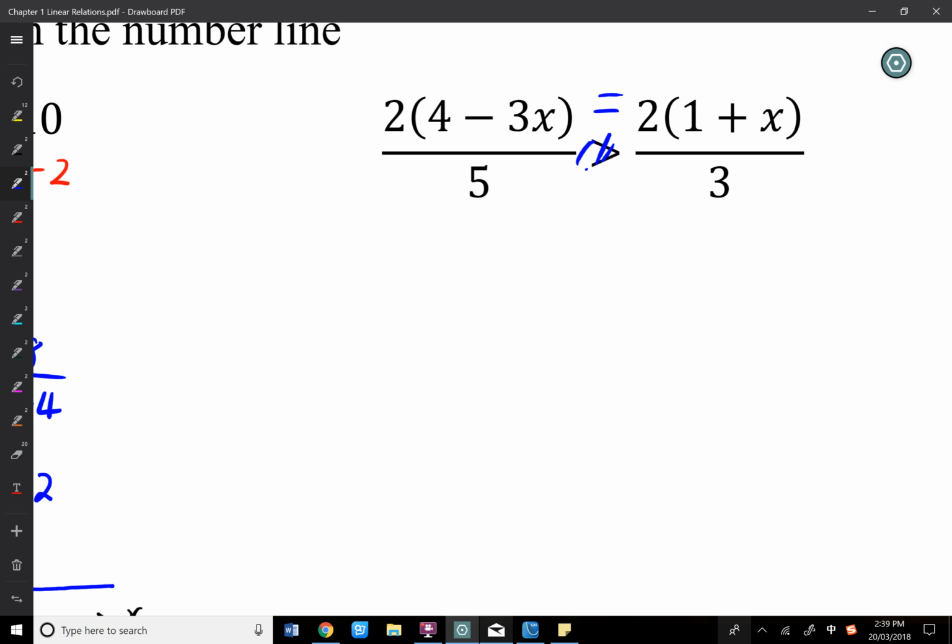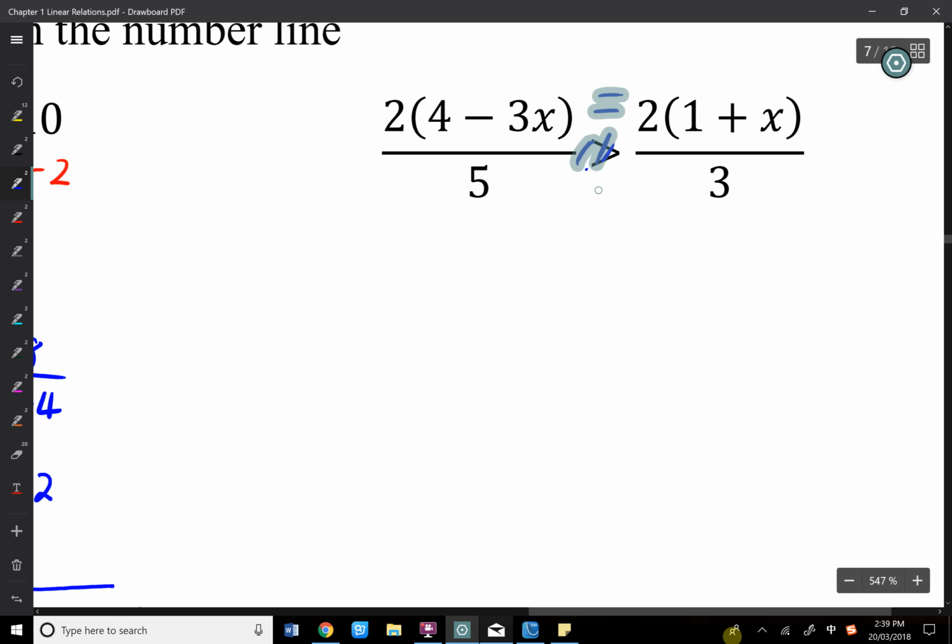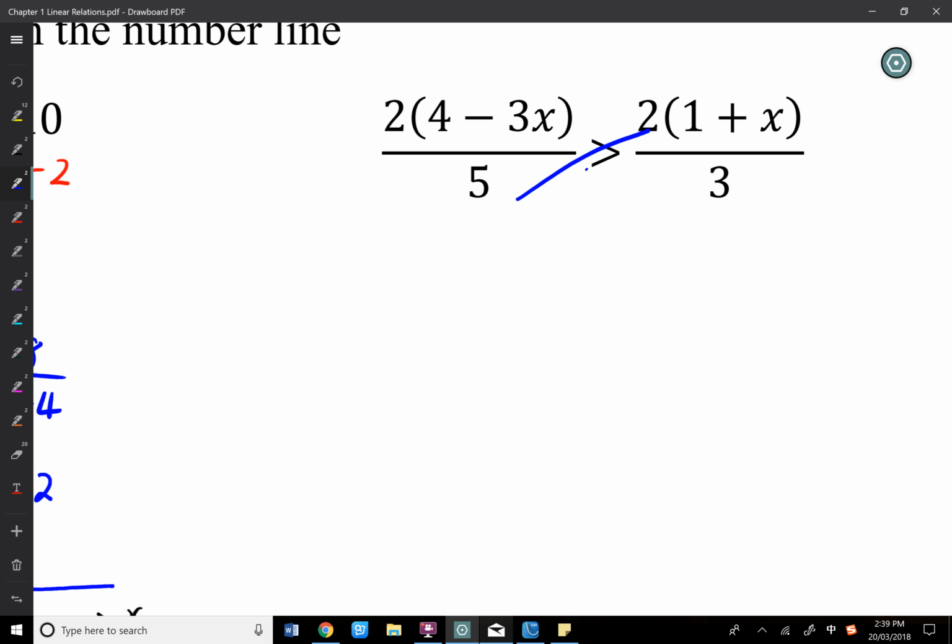But when you have an inequality, is it this times that on the left hand side, or this times that on the left hand side? That will make a difference. So that's why we can't use cross multiplication in an inequality. I can't decide which one to put on which side, smaller or larger.